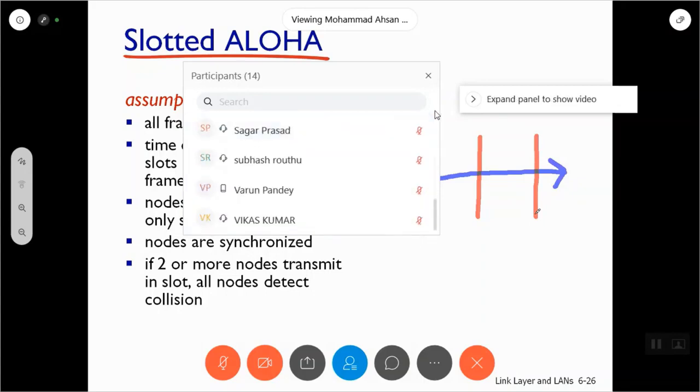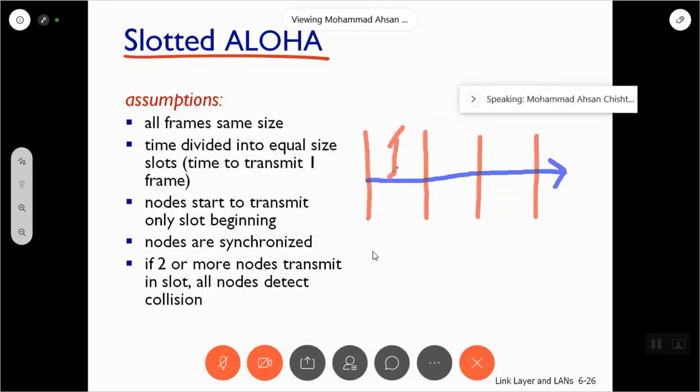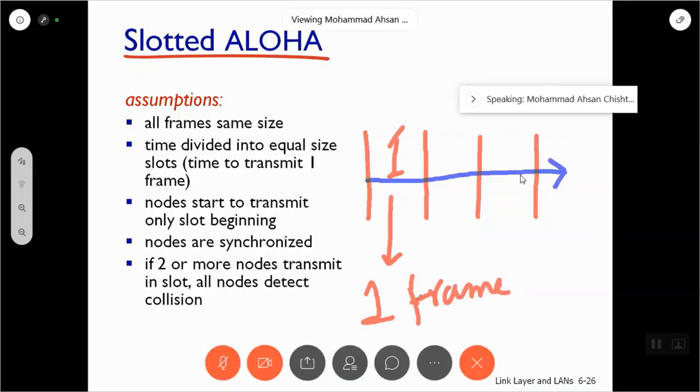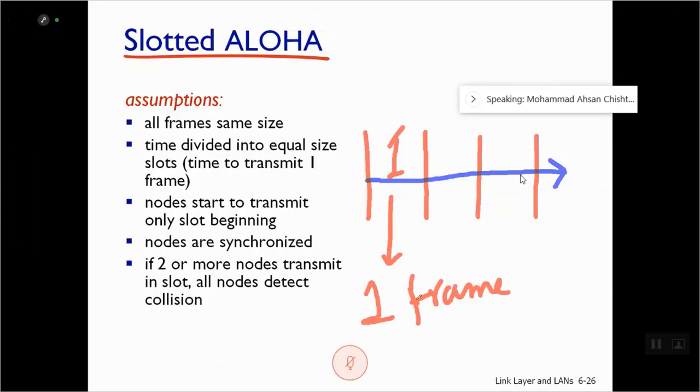Both have one thing in common, that within one time frame we can send one protocol data unit, one frame. But in TDM, each node is given one specific slot. As compared to this, in Aloha, any node that has to transmit would start transmitting at the beginning of this time slot. Now what would happen here?